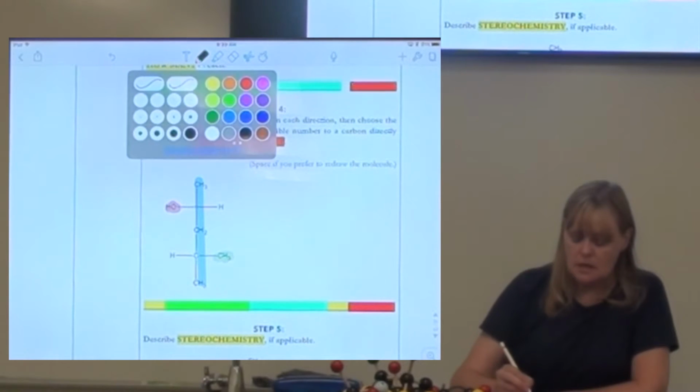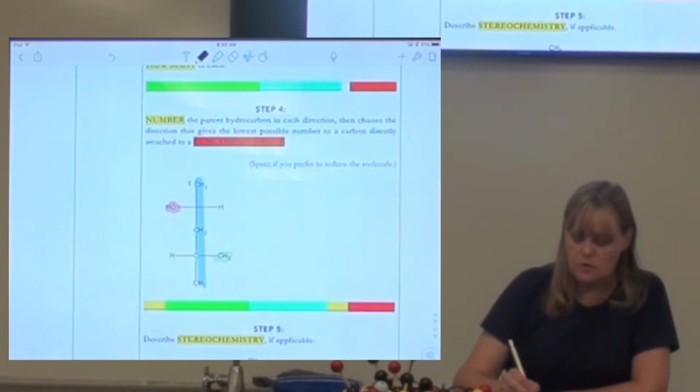You don't have a tie here, so the lowest number you can give to a carbon directly attached to the OH is the number 2. So that means that I'm going to use the numbering system that I did top to bottom here.